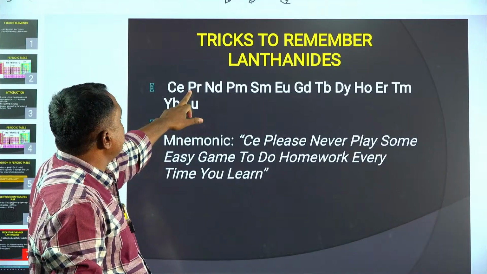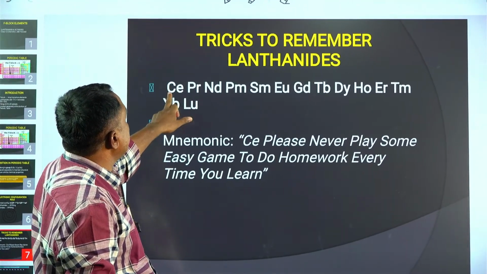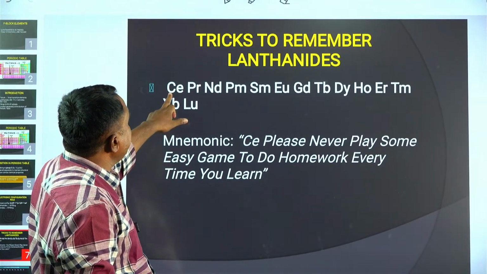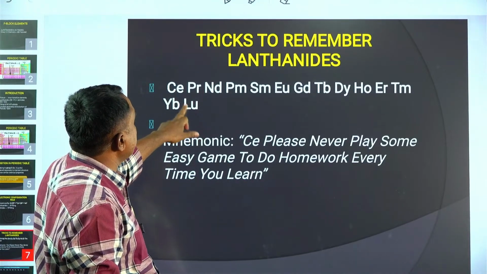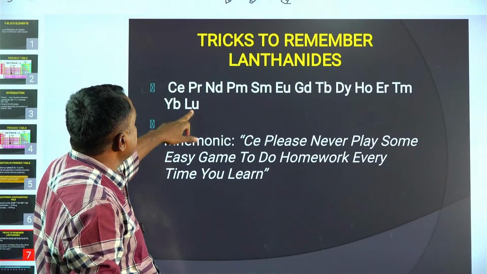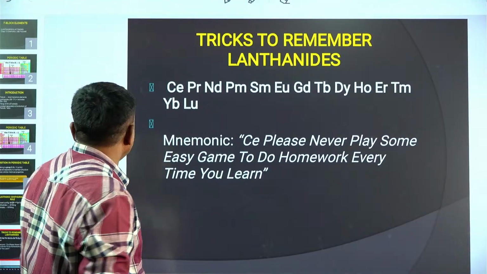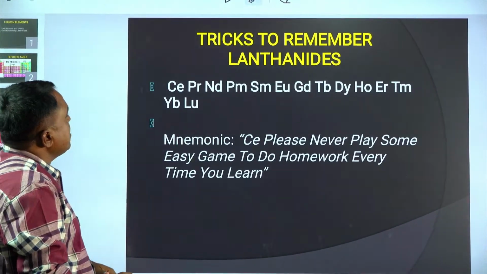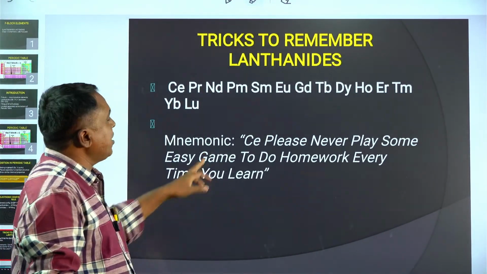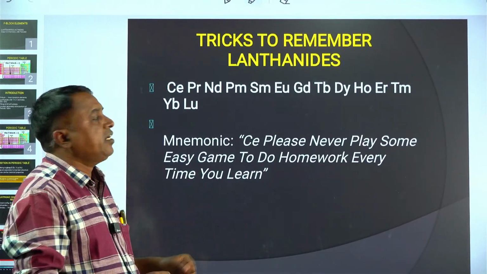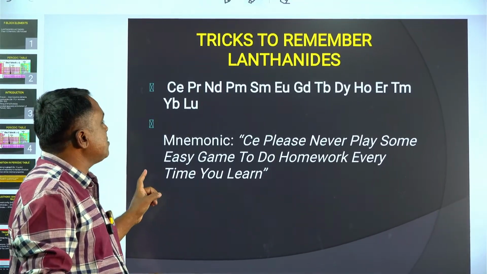So cerium, Ce, is 58, and lutetium is 71. Using this mnemonic, we can remember all 14 lanthanide elements.